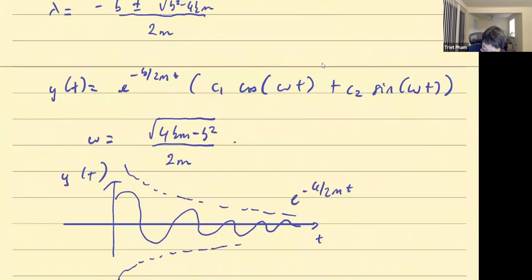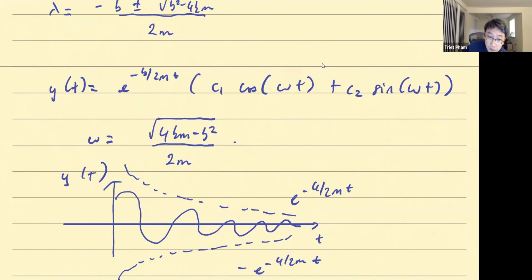And how quickly you oscillate in between depends on this guy right here. The larger this is, the more you oscillate. So clearly, the higher the spring constant and the smaller the mass, for example, the more oscillation you have going on, okay?